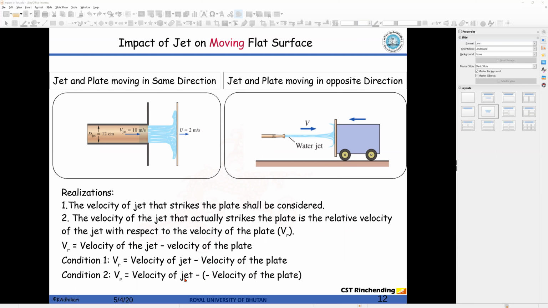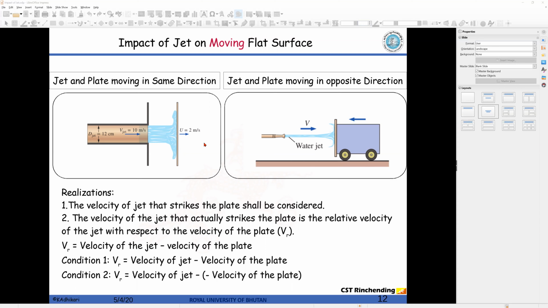So here it's going to be velocity of jet plus velocity of the plate. That is what you need to understand to solve a problem when the jet is impinging on a plate and the plate is also in motion, either in the same direction or in the opposite direction.